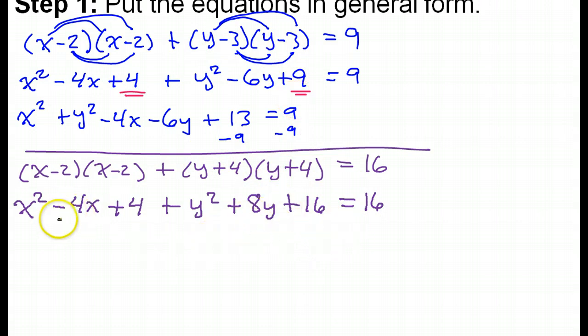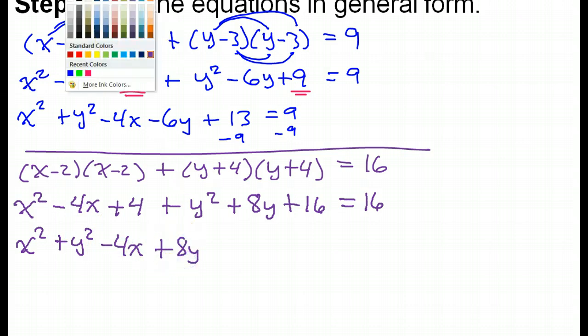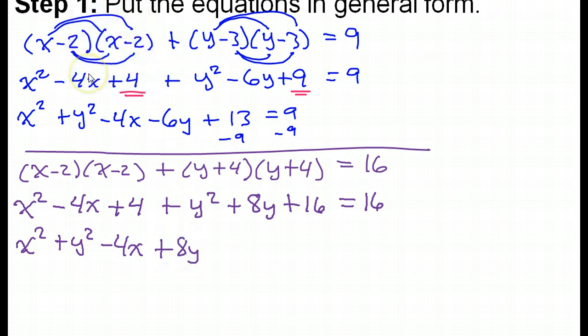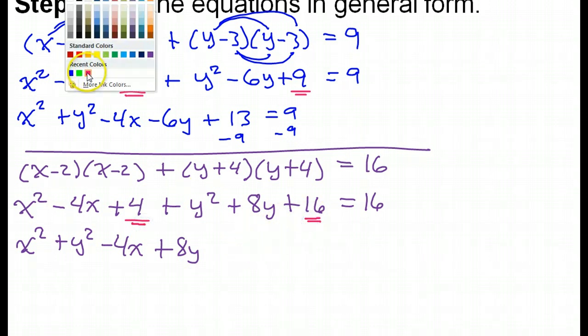Cleaning this up a little bit, I'm going to have x squared plus y squared minus 4x plus 8y, and then there are the constants. So I've got this 4 and this 16. Together they make 20.